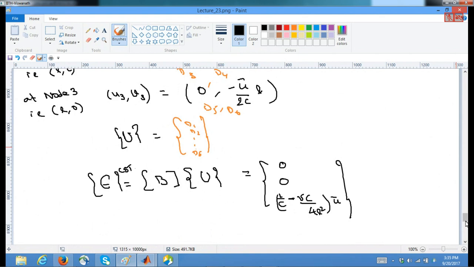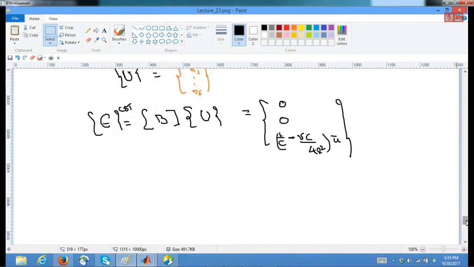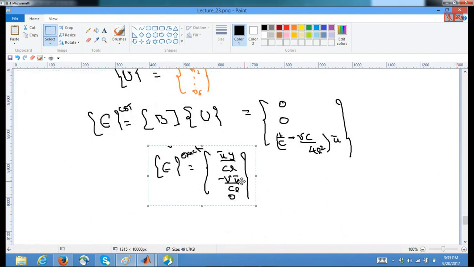So let me just copy it again for you. The exact solution says that, if you compare the exact solution with respect to this, they were nowhere comparable. So that means our constant strain triangle seems to be behaving badly under bending.